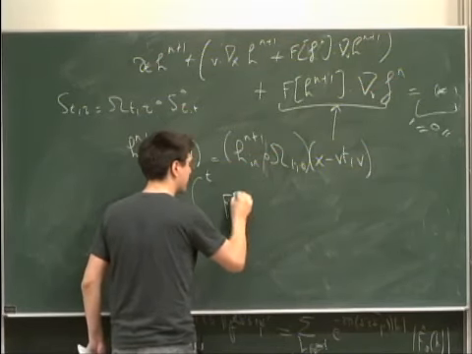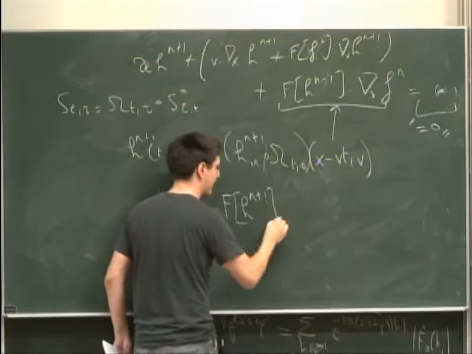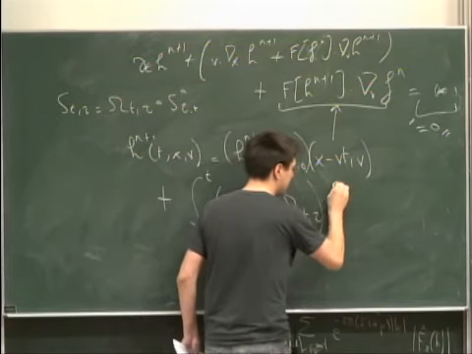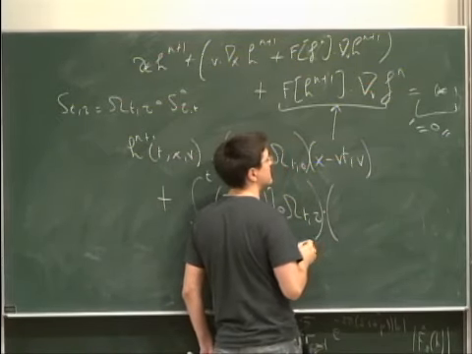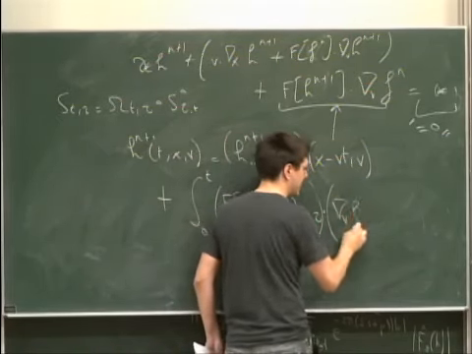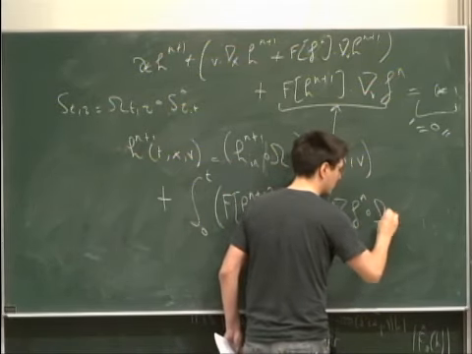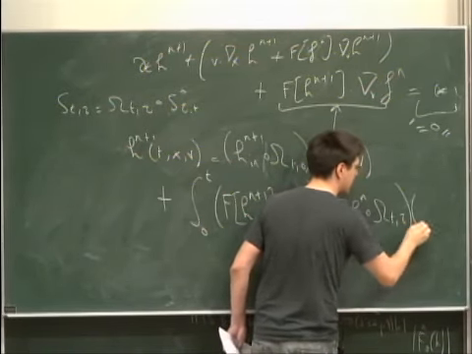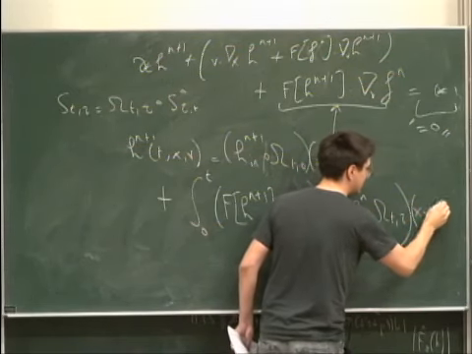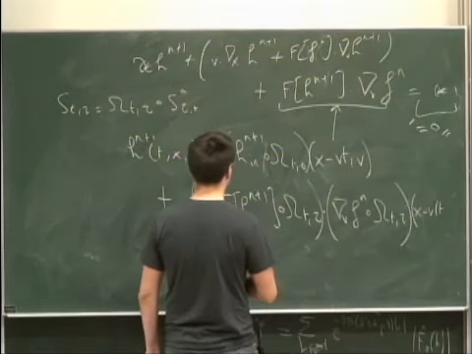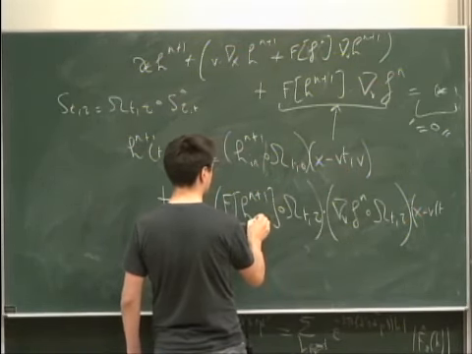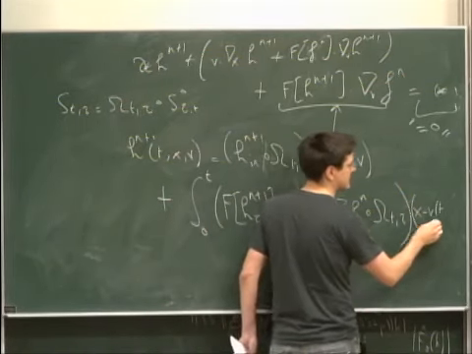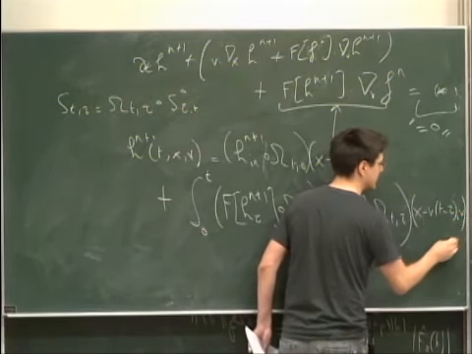And then you have this times, it's a scalar product, grad_V F_n composed with omega T_s. And everything is taken at the point x minus Vt minus, so I have to choose a name, let's call it tau, t minus tau, V, and d tau.